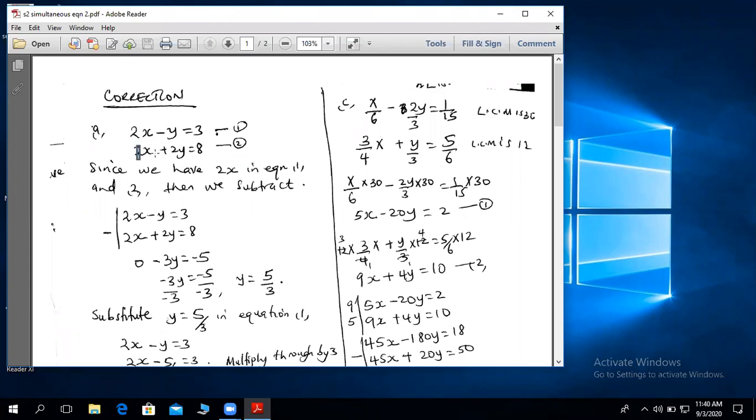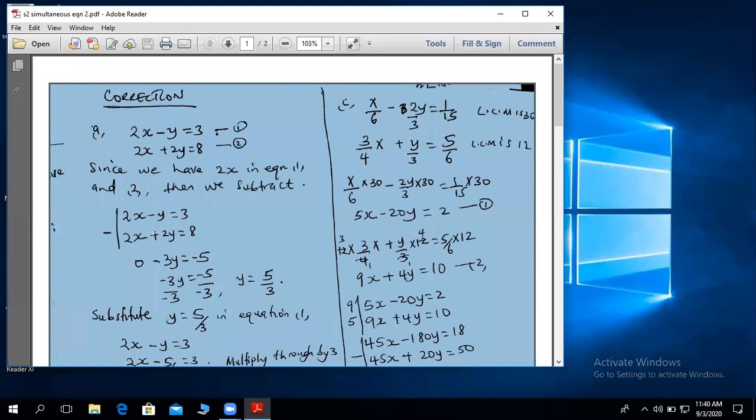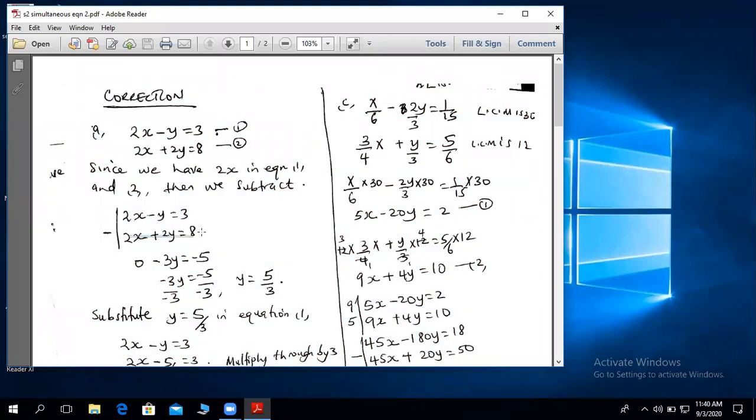So when I want to eliminate x, since we have 2x in equation 1 and equation 2, then we subtract. You can just get equation 1 and we subtract equation 2. So our equation 1 is this, and our equation 2 is this one, clearly. So when we subtract, this will be 2x minus 2x, and the answer is 0.